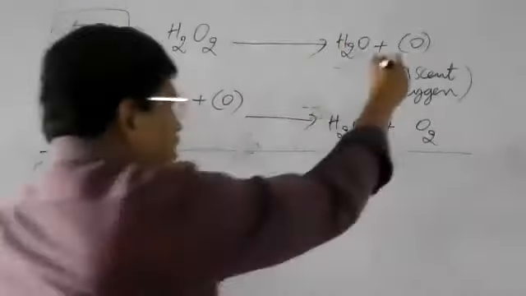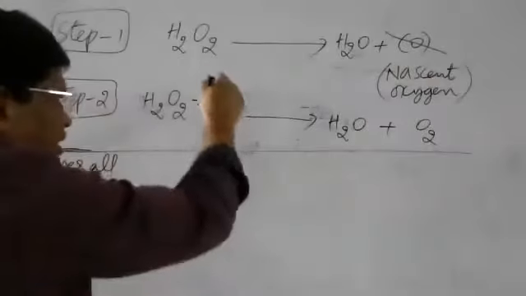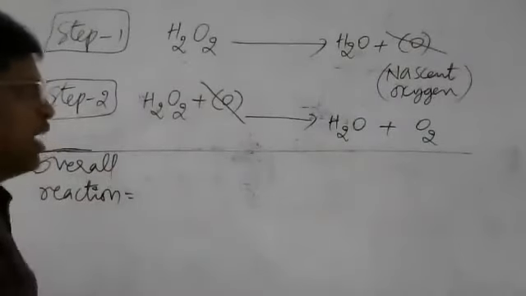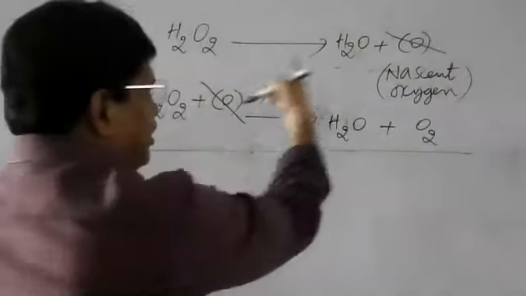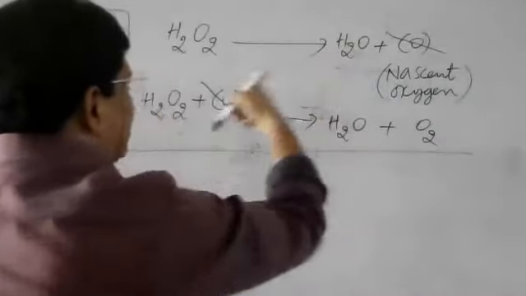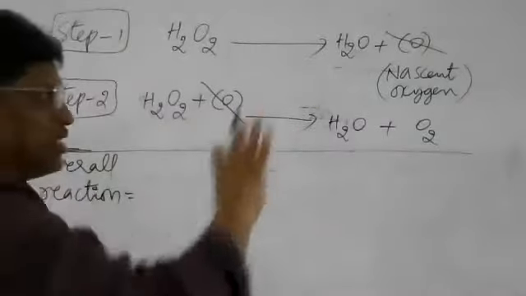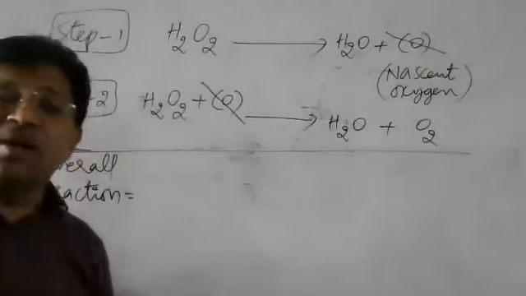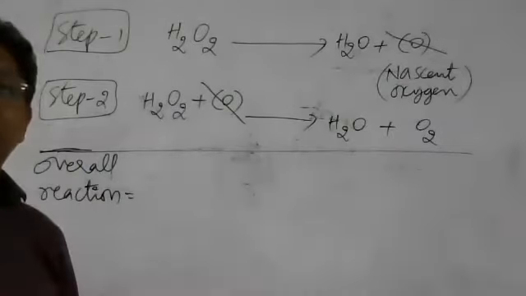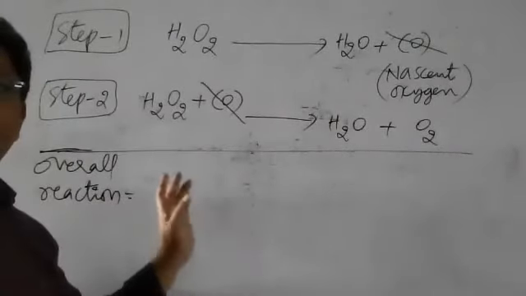Now check here. Nascent oxygen is common, so both cancel. H2O2 and H2O cannot be cancelled. So the cancellation is over. After cancelling the common things, we write the reactants and products of the overall reaction.